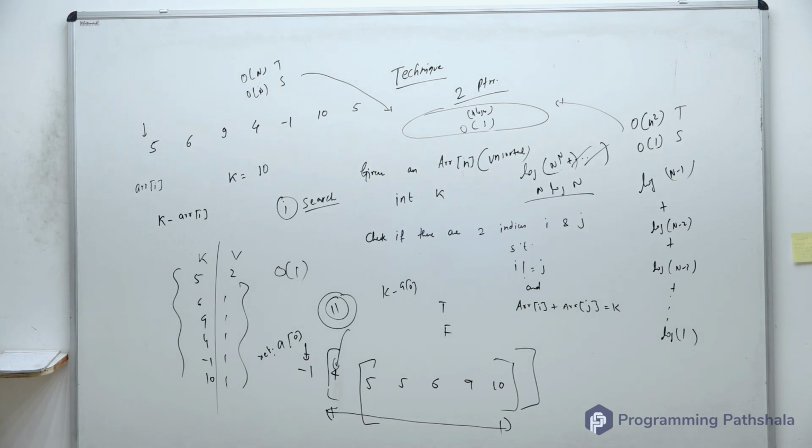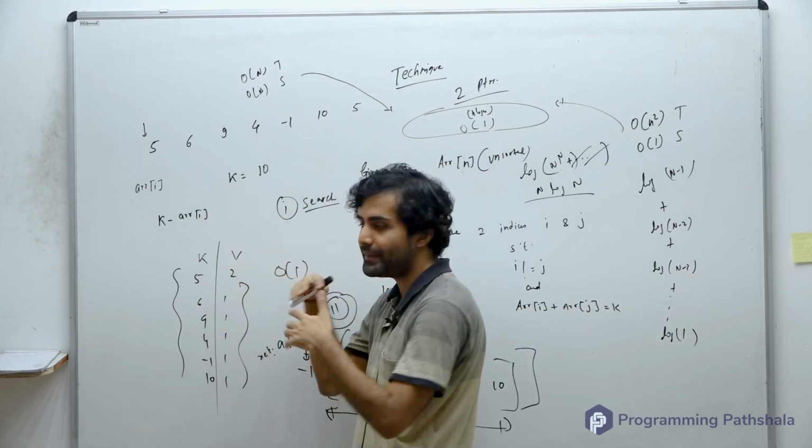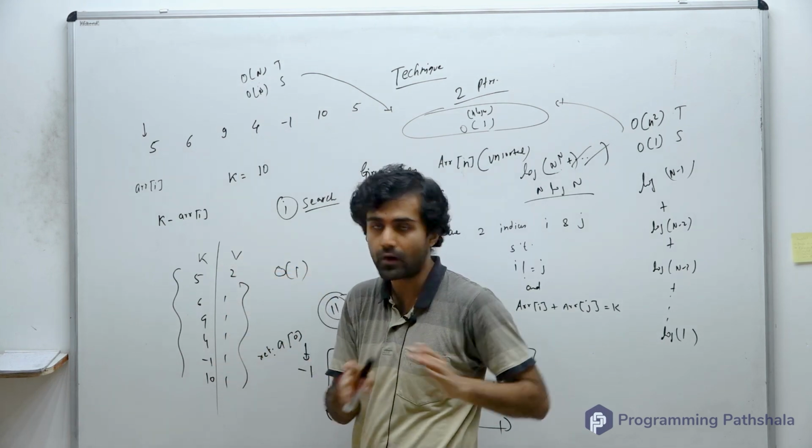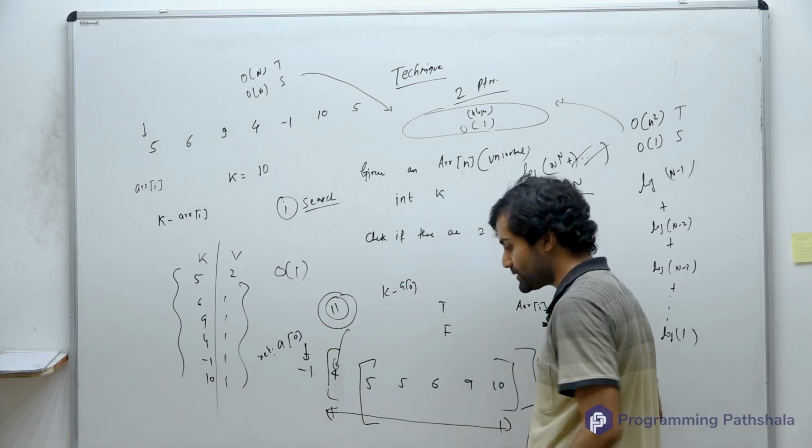In the first approach, it was a naive linear search, order n square, where for every element you linearly search for its counterpart. In the other approach, it was a map-based search, where the map makes it easy for you to search. In the third approach, it was binary search because you actually sorted it.